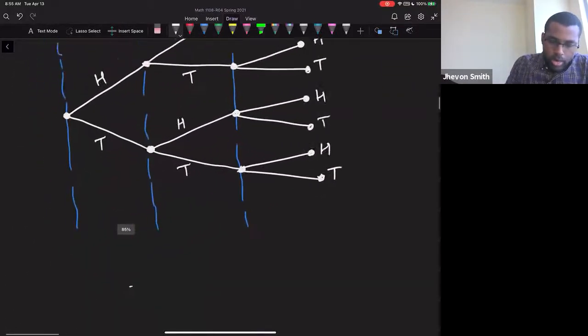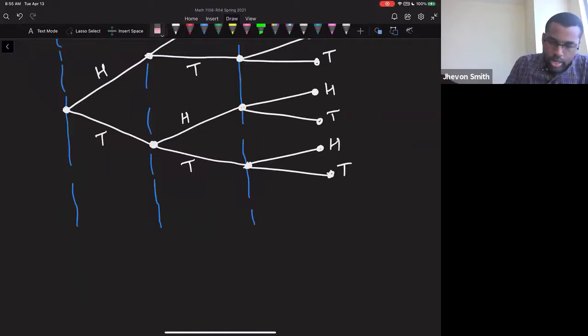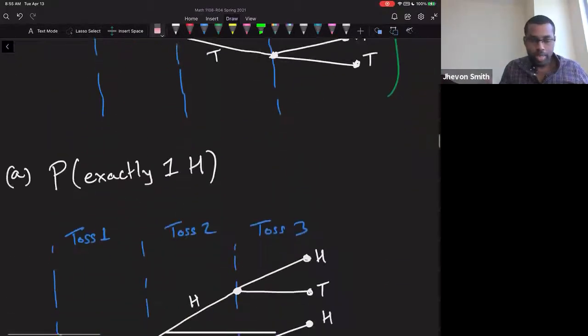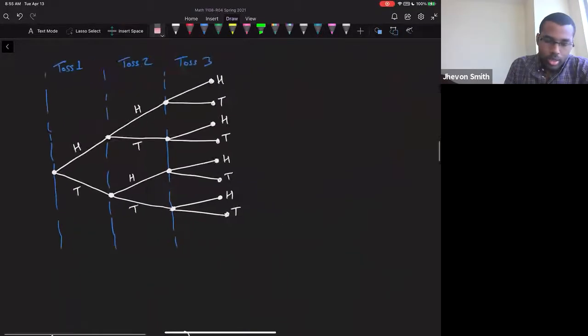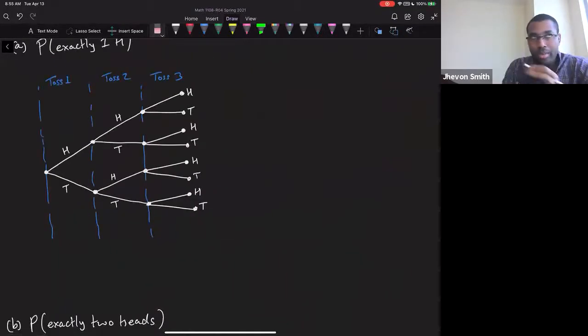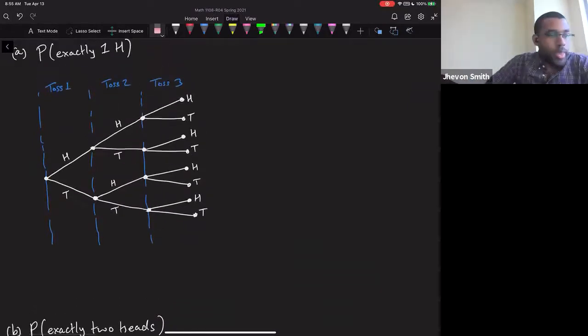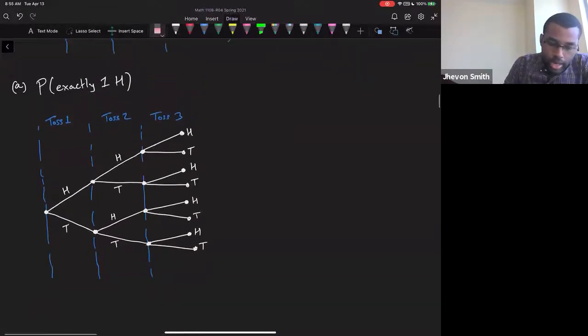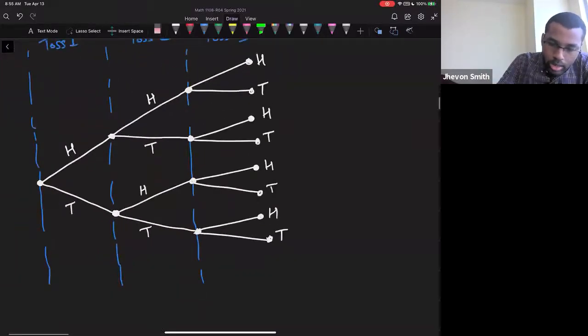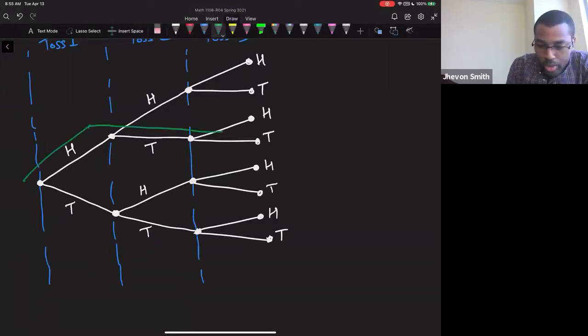So you have that tree diagram, and you can just draw one tree diagram. I'm just doing this for clarity because I want to draw the arms, because I can't really describe this as first row, second row, third row. One way to get exactly one head is to get the head on the first, second, or third toss. If I get a head first, I need to make sure I select 2 tails after. That's one arm.